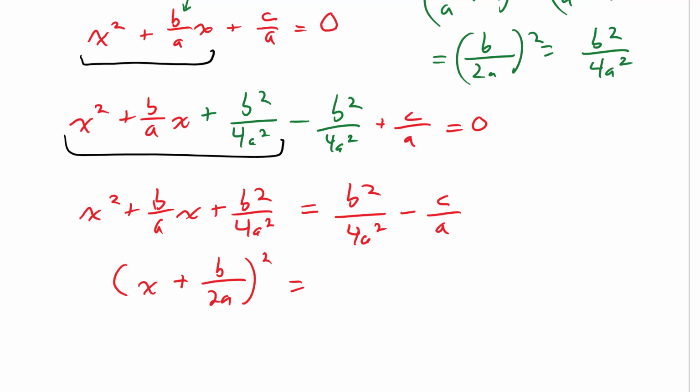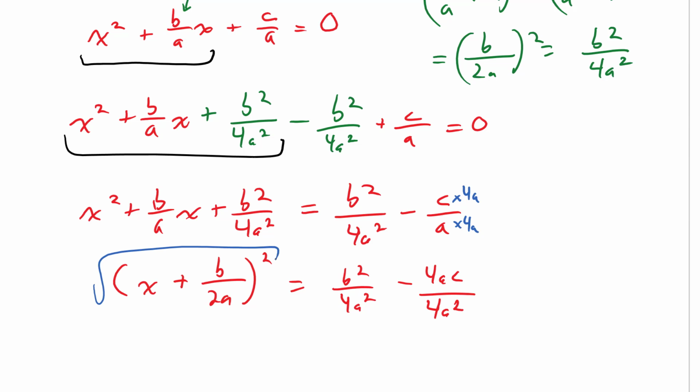We want to combine these together here. Got to multiply that by 4a, got to multiply that by 4a, so we get a common factor of 4a squared. Again, to get rid of that squared, we're going to take the square root, do the same thing to both sides.